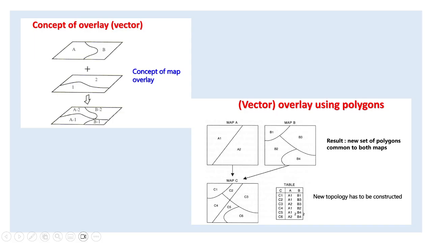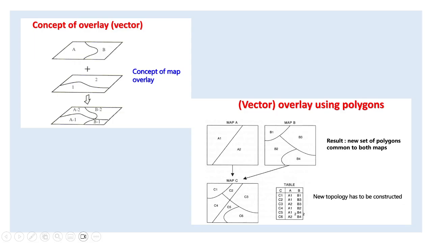So in the concept of overlay, here you can see map overlay basically. This is one very simple example. It's not as simple in reality because you might be dealing with very complex data sets, but this is for a better understanding.